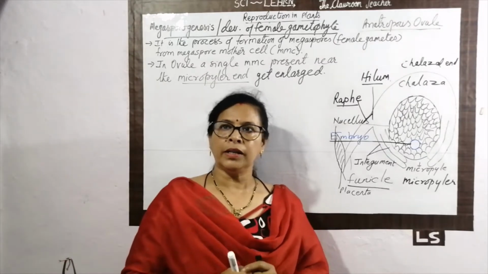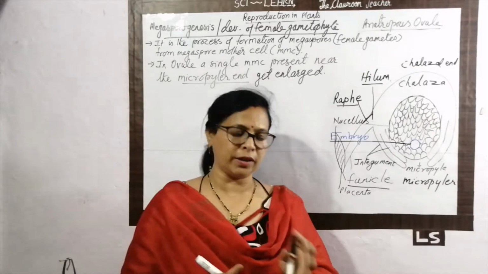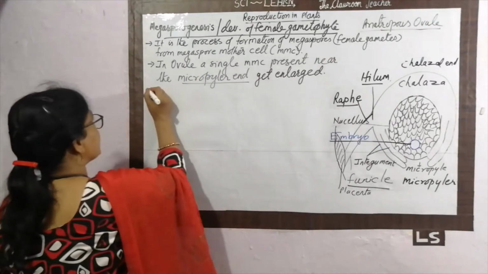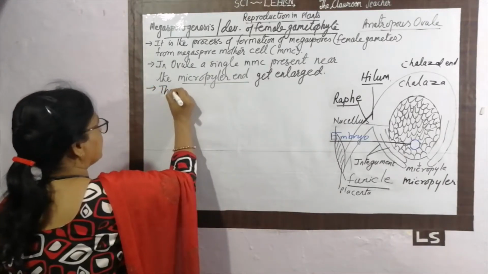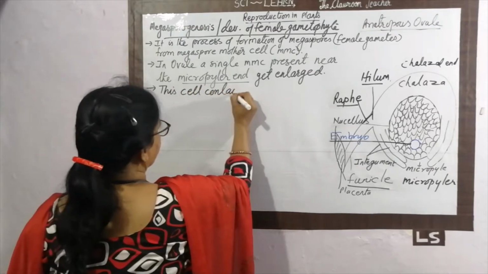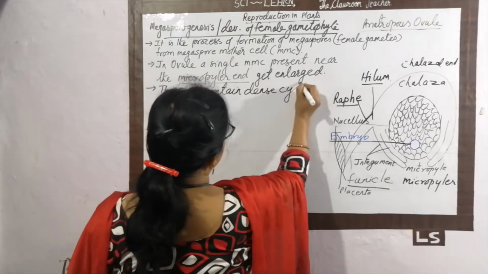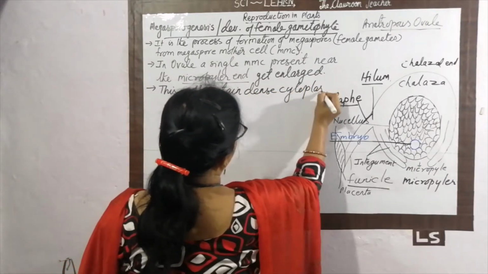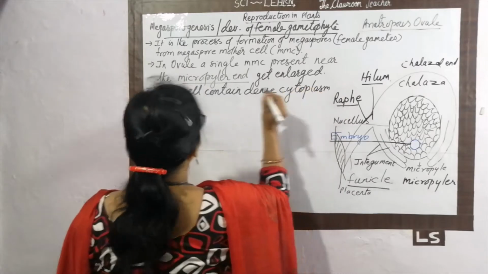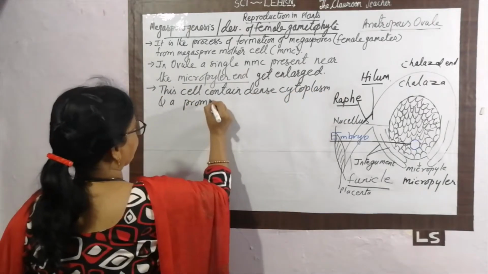Then what happens? What is present in this cell? This cell contains dense cytoplasm and a prominent nucleus.